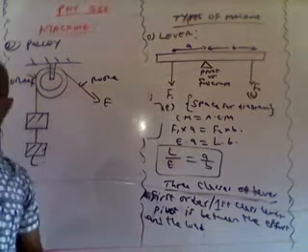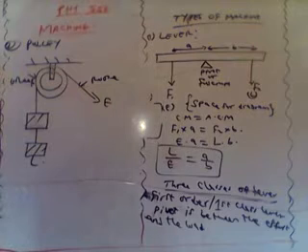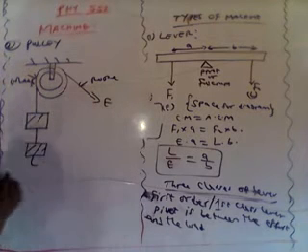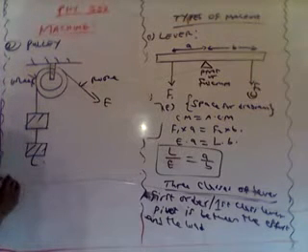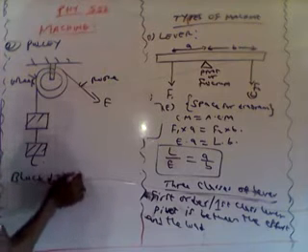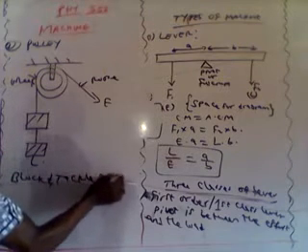Now let me show you what we call the block and tackle system of pulley. Another fashion, or the complex fashion of pulley system, is called the block and tackle system of pulley.